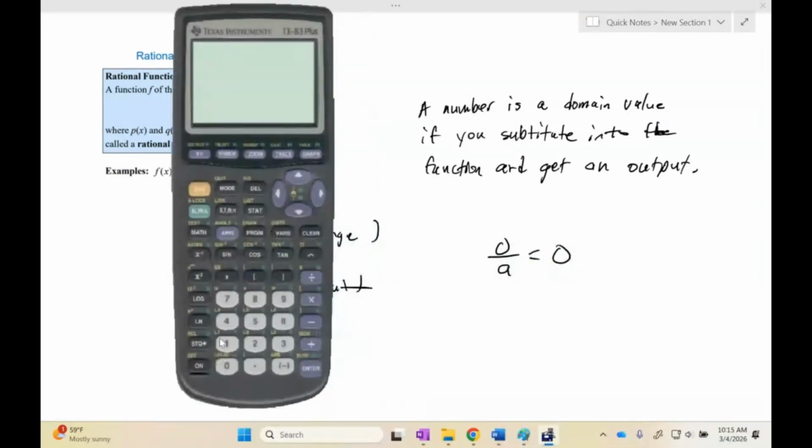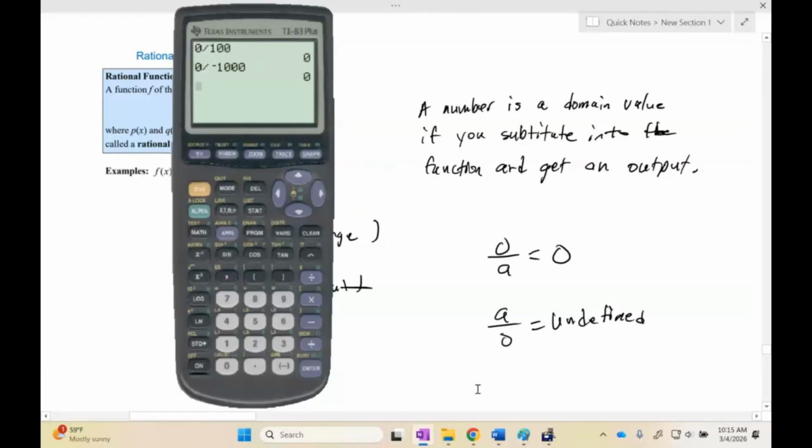So just to show that 0 over 100 is 0. 0 divided by -1,000 is still 0 because 0 is in the numerator. But if 0 is in the denominator, then it's what? Undefined.